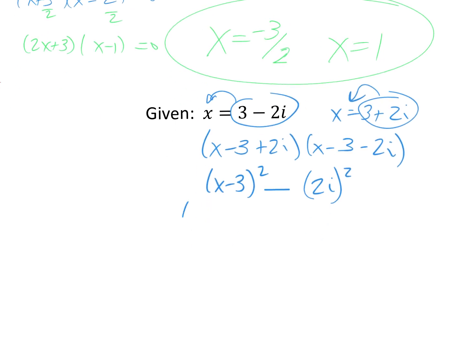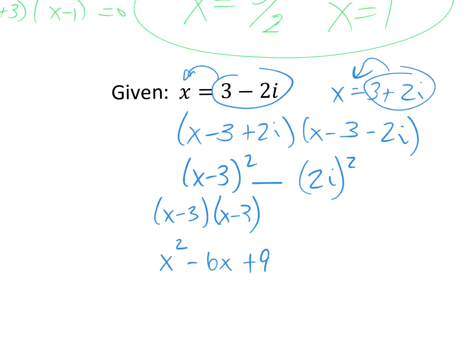So if I'm going to multiply x minus 3 times x minus 3, x times x is x squared. Negative 3 plus negative 3 is going to give me minus 6x. Negative 3 times negative 3 is going to give you plus 9. And what happens over here with 2i squared? That squared goes to the 2 and to the i. You guys got to remember that.